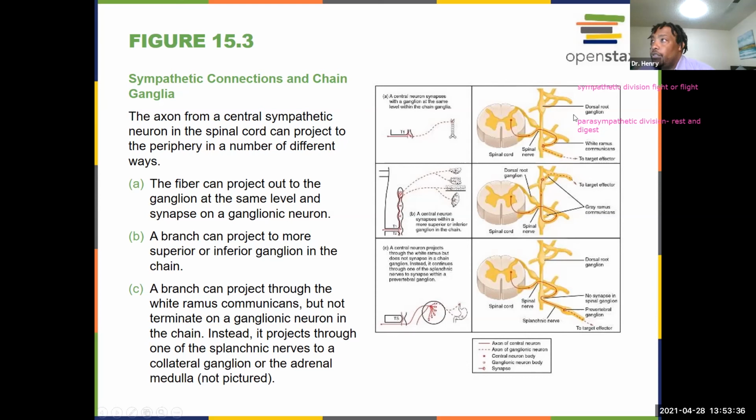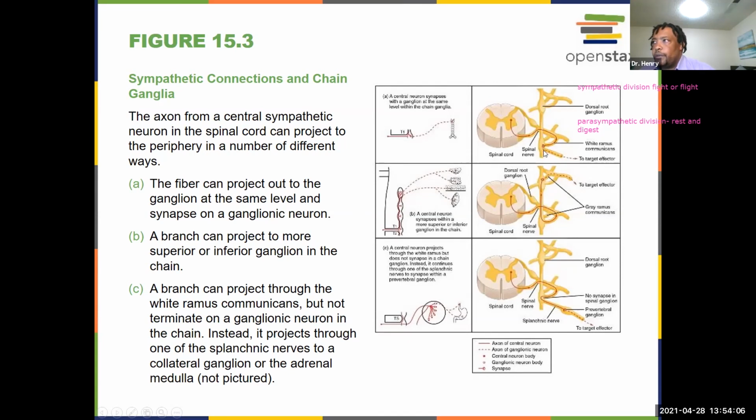Okay, and then this is a closer and more anatomical version of it. So we're going from the spinal cord to the spinal nerve, and it's going to be connecting in, and this is the white ramus communicans, so this area.